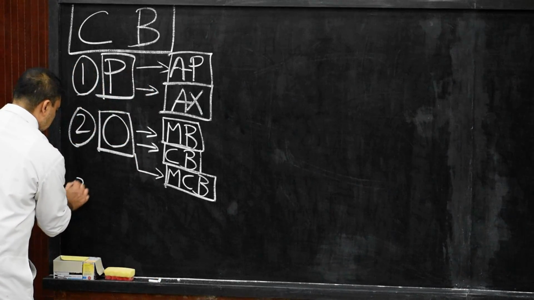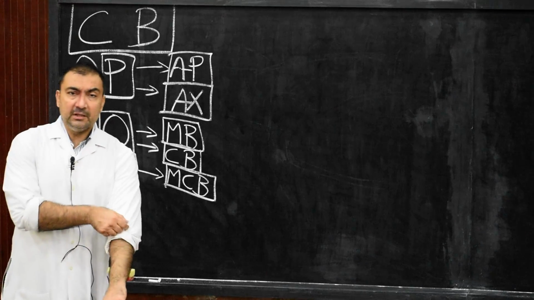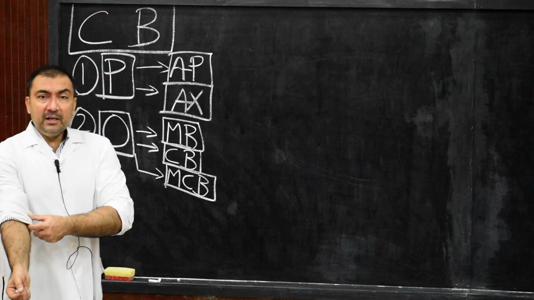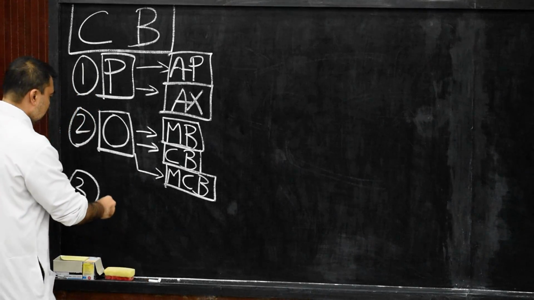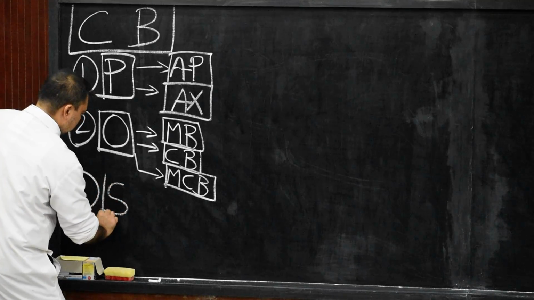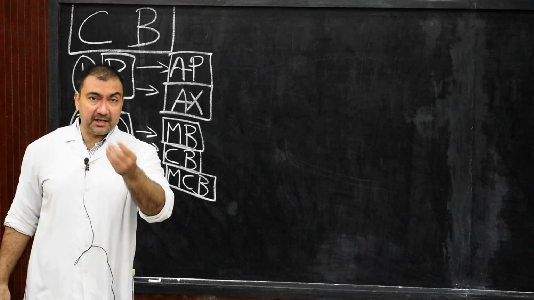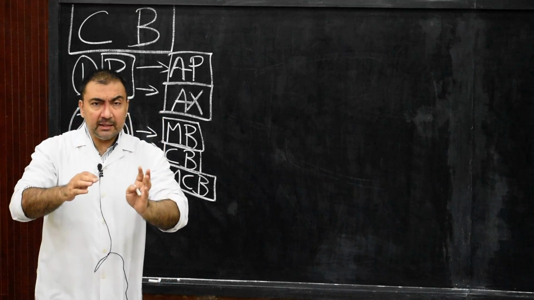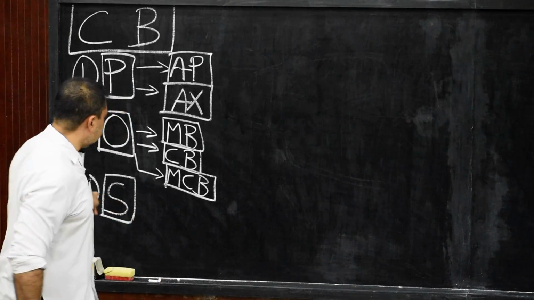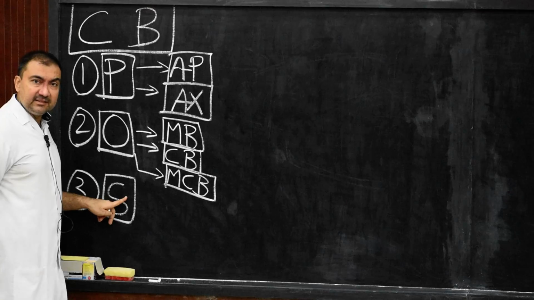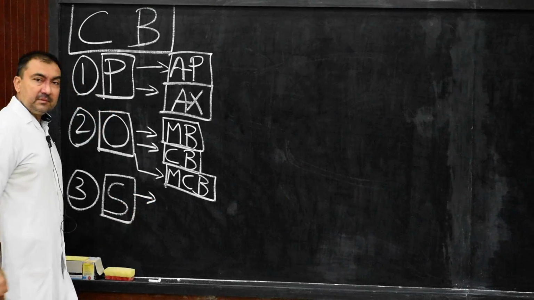Third group of classification of the human bones will be depending upon the size of the bone, depending upon its length, the size, the shape. So totally depending upon the size and the shape of the bone, we classify this into various categories.